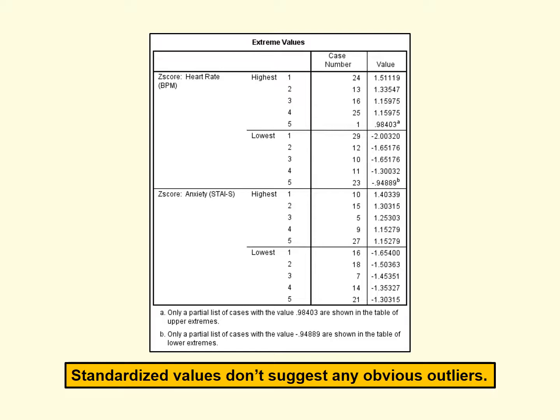I don't see any values even in the range of +2.5 or -2.5. There's one value on standardized heart rate of -2.0, and that person is 2 standard deviations below the mean on his or her heart rate, but that's not impossible. We just shouldn't see a lot of those extreme values, and in this data set we don't.